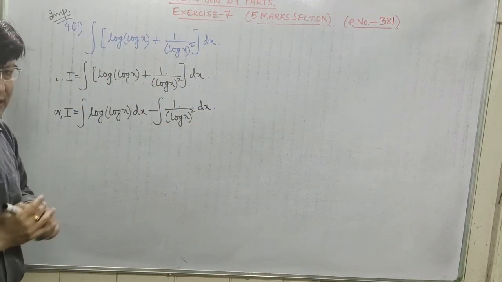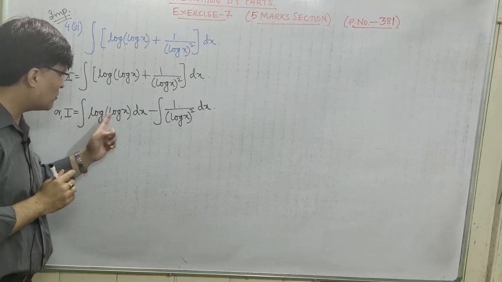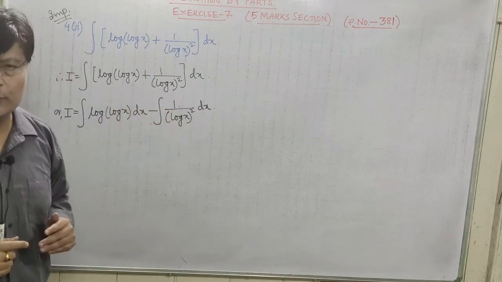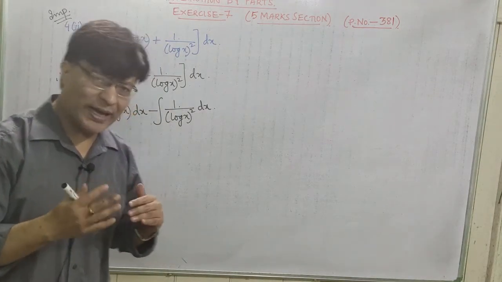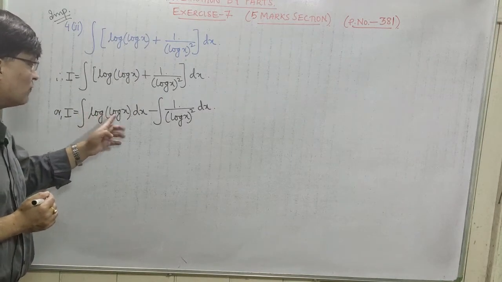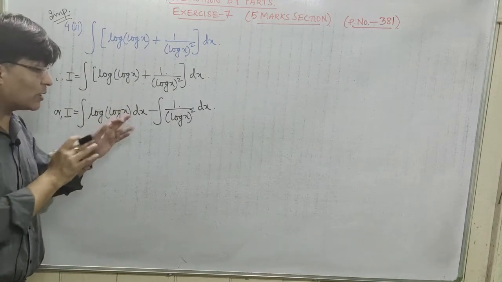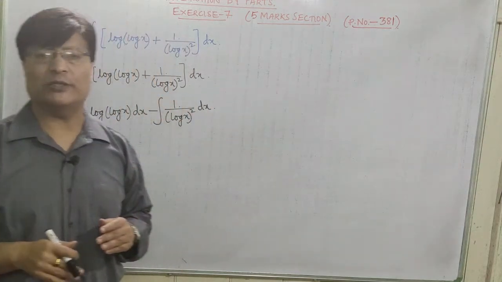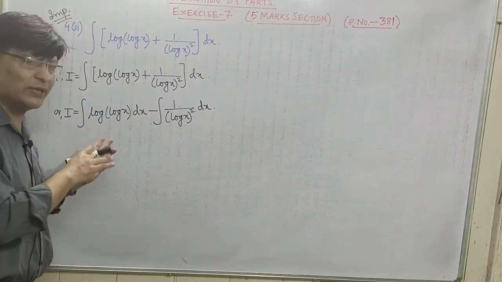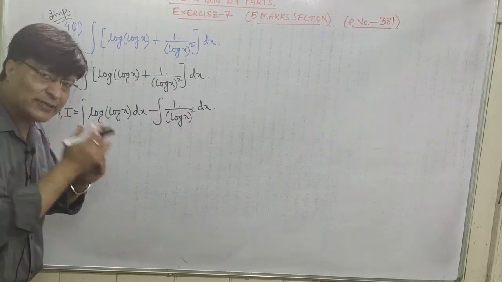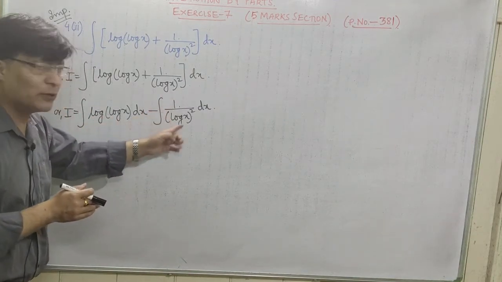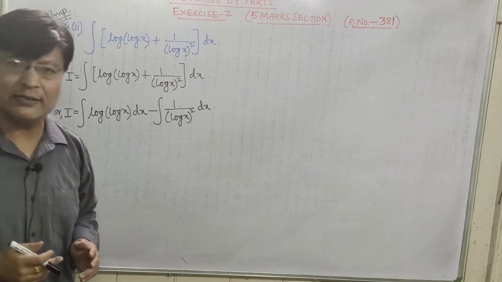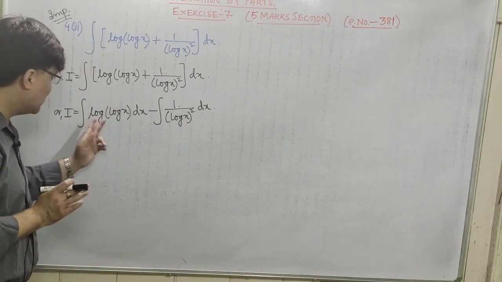Okay, but we know that differentiation of log x is not 1 by log x whole square, but while integrating log of log x, you may not get 1 upon log x whole square, but if you again integrate that function, after integration you will get some function here. If you integrate that function, you might get 1 upon log x whole square. Is that clear? That's why you have to integrate it by parts.